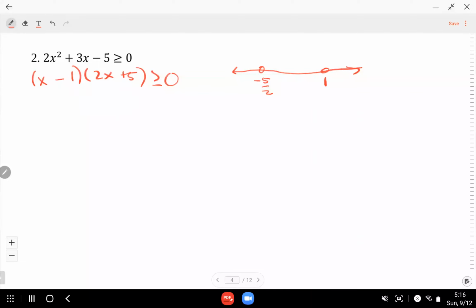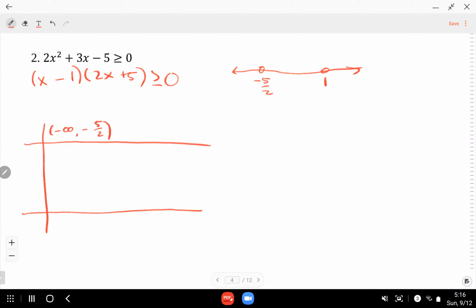Now we can use our sign chart. This is the sign chart method, in case you haven't been to the last lecture. The intervals that exclude the zeros: these are the zeros, and we're going to exclude them.